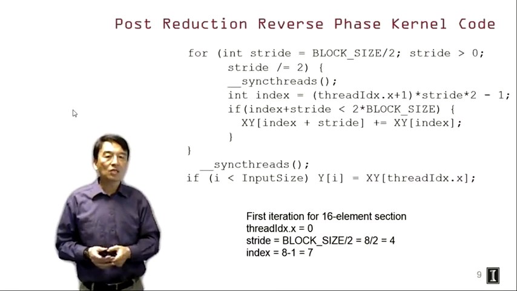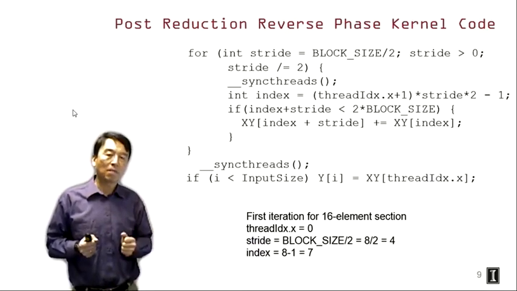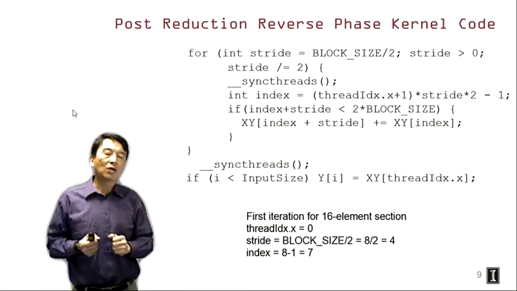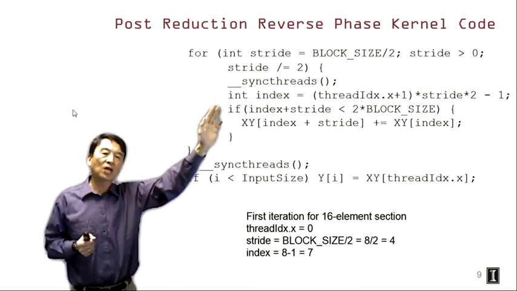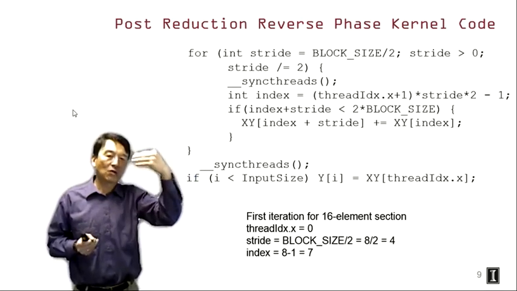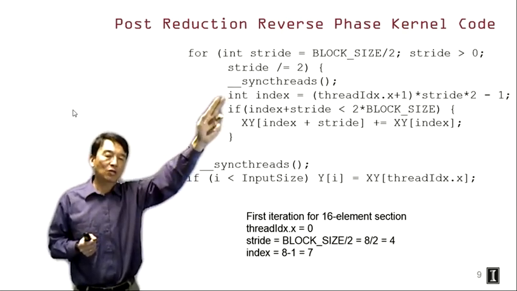So this brings us to the post-reduction reverse phase kernel code. We're going to take those iterations, and we're going to start with stride value to be 1/4 of the data section size, which is half of the thread block size. So we start with that half thread block size stride, and we will divide the stride value by 2 after each iteration.